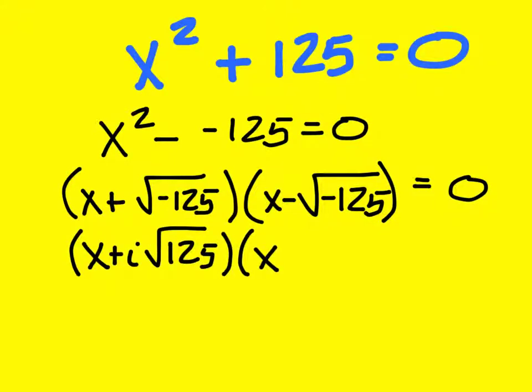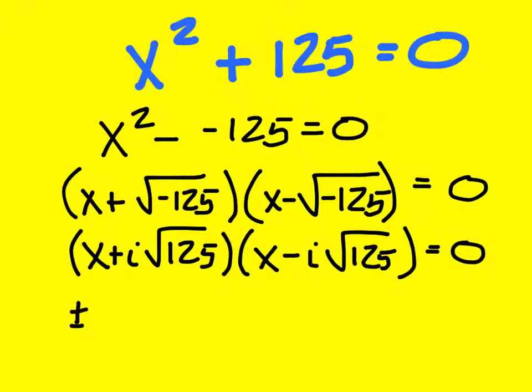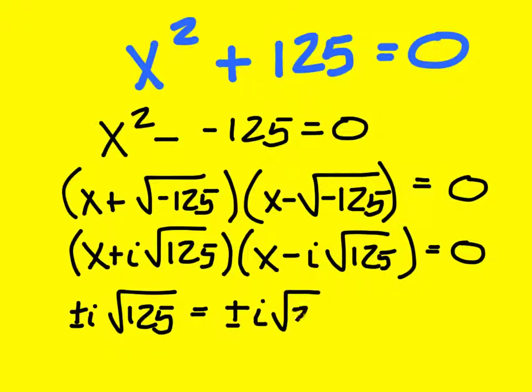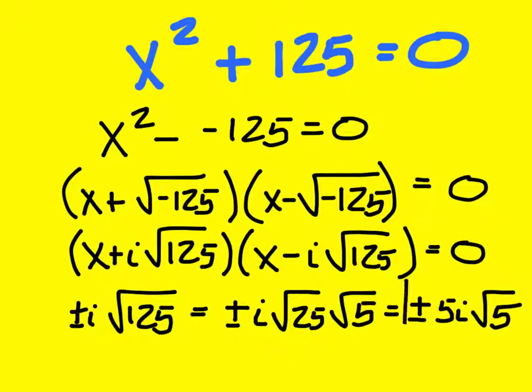When you do that, you're going to be left with your preliminary answer, which is going to be plus or minus i square root of 125, but that breaks up as 25 and 5. So your answer is plus or minus 5i square root of 5.